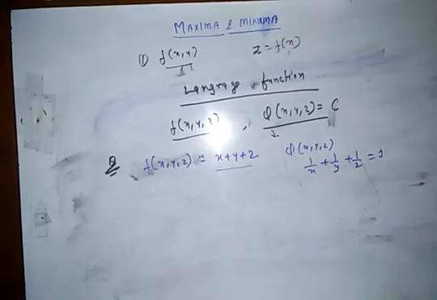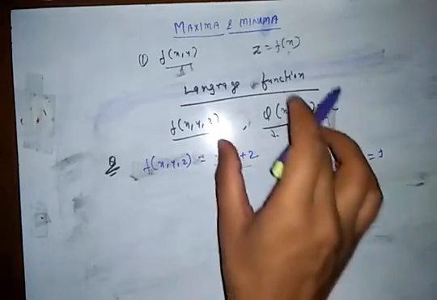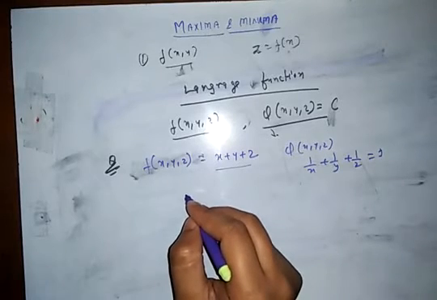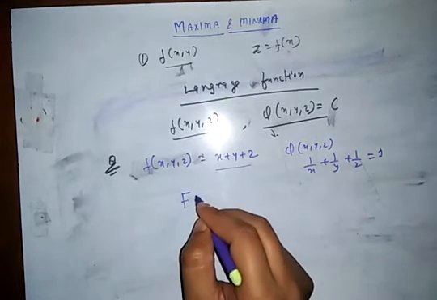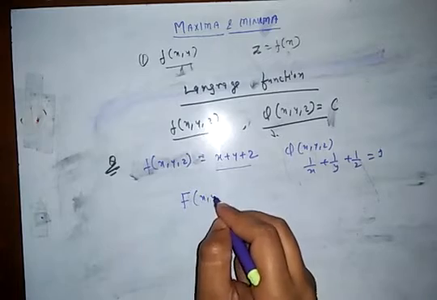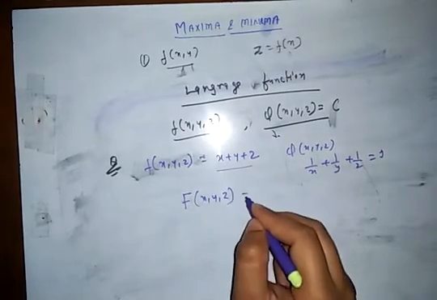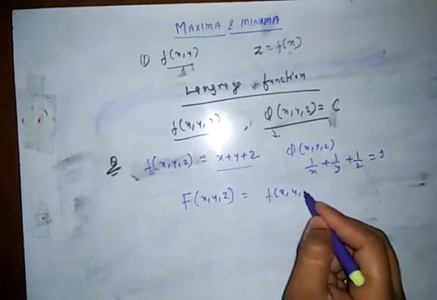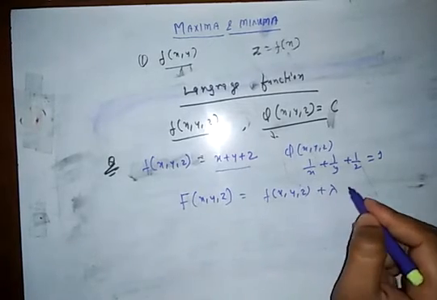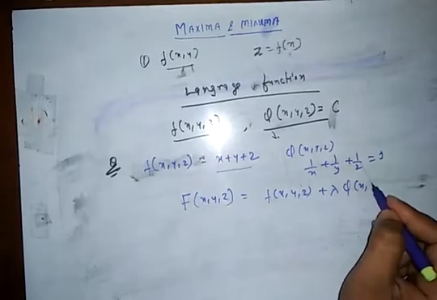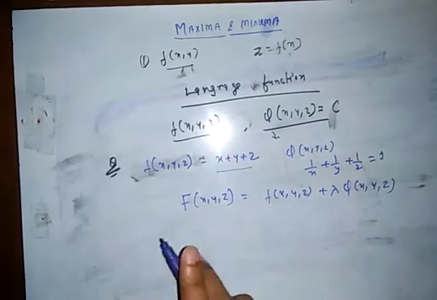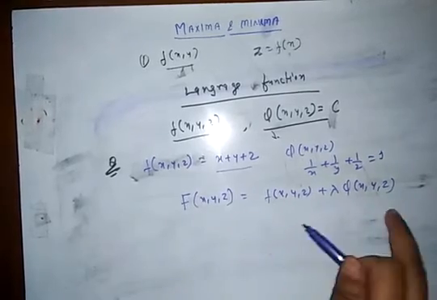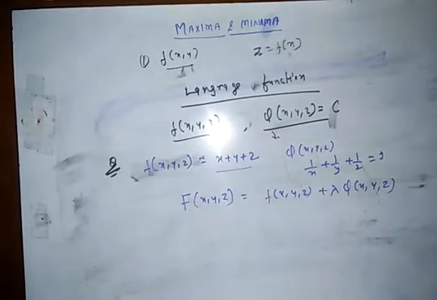These types of functions are solved using the Lagrange function, and we can write it as capital F of x, y and z equal to f of x, y, z plus lambda times phi of x, y and z. This is the form of the Lagrange function.